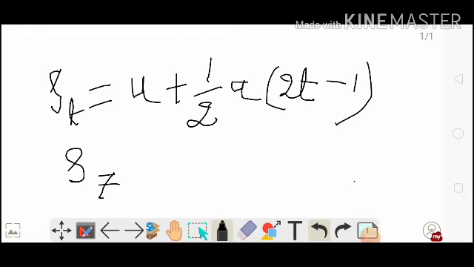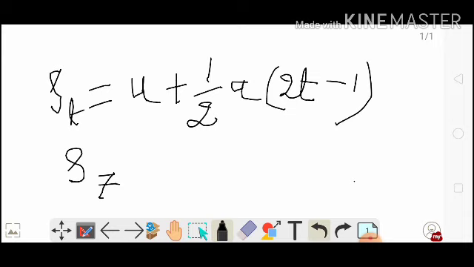Here S7 doesn't mean how much distance the object covers in the entire journey, that is from 0 second to 7 seconds. Here what S7 means is the distance covered by the object at the 7th second, that means between the 6th second and the 7th second, that interval of time, the distance covered by the object is written as S7 here.